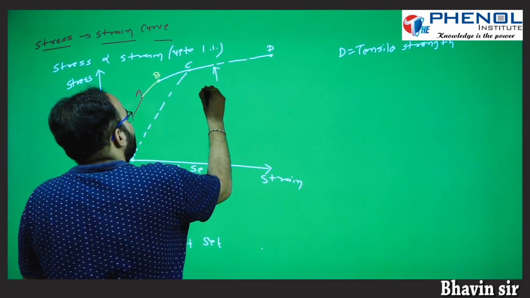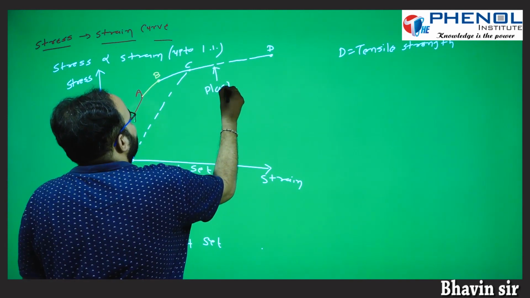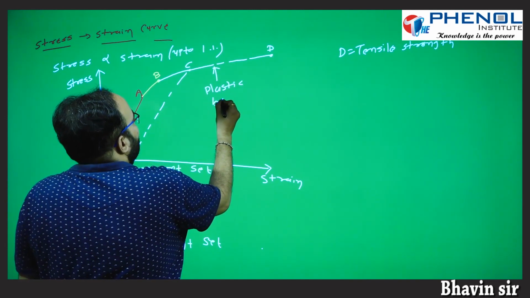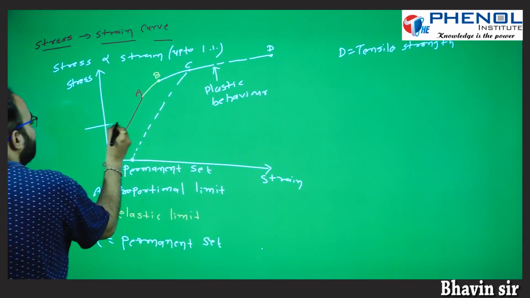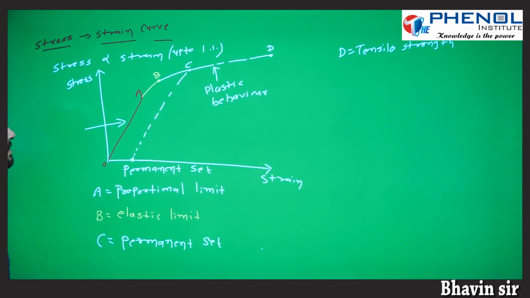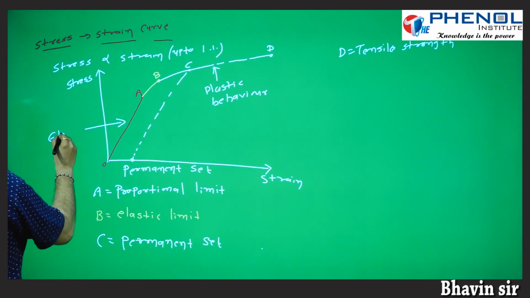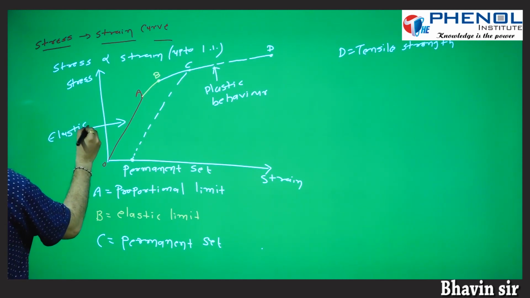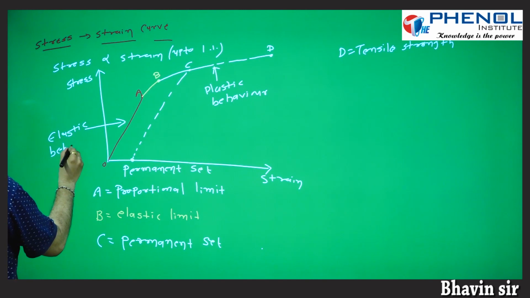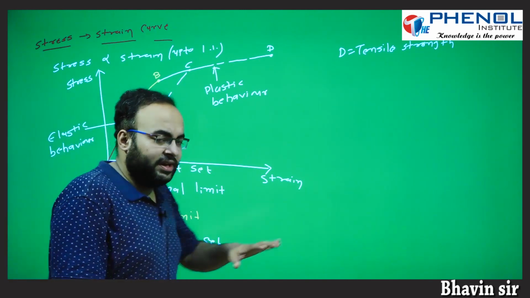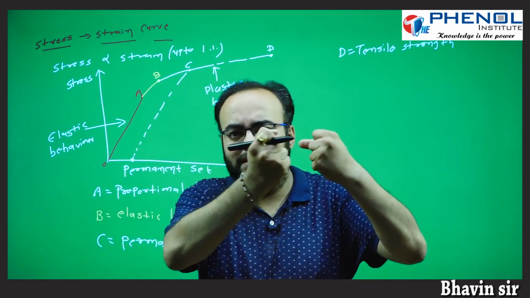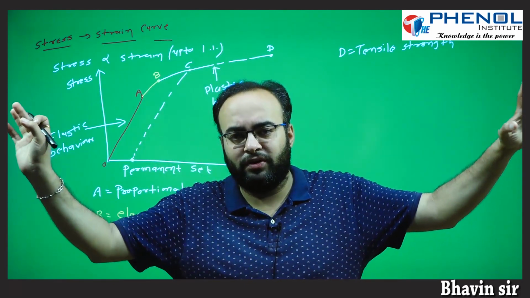So this is known as its plastic behavior. And up to B the substance can get its original shape, so it is its elastic behavior. D is the tensile strength, which means we can stretch only up to this point.